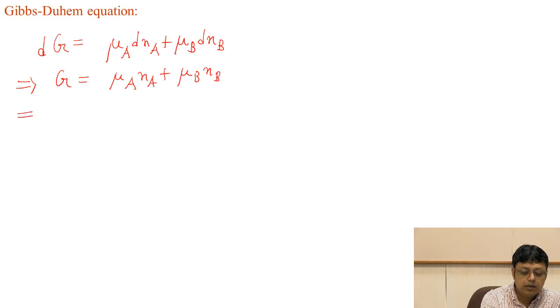And remember that you can actually start from this equation and again take a differential.